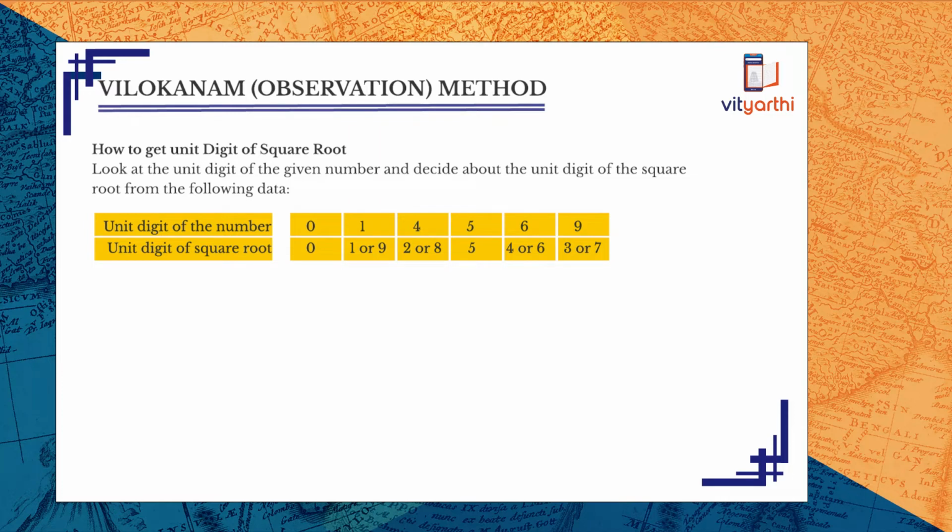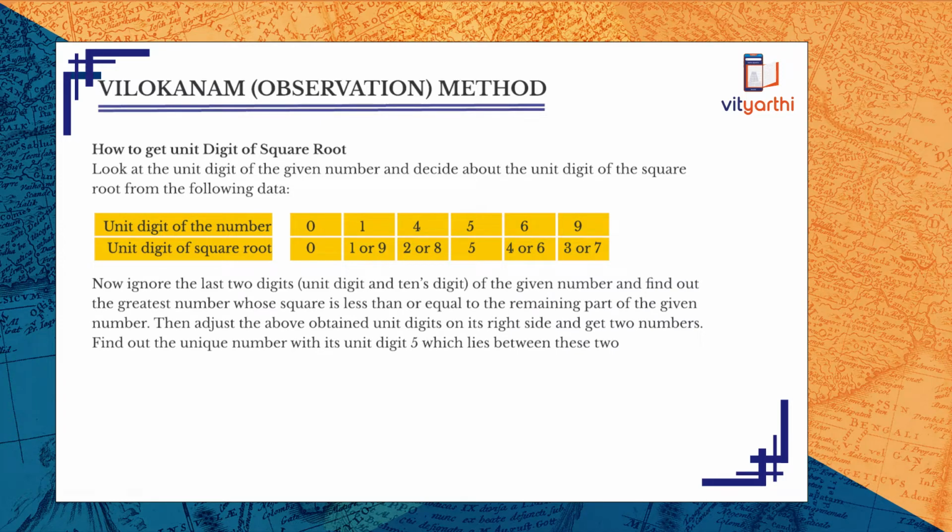As we know, the square of a power of 10 will contain 0 in the unit place. 9 square and 1 square will contain 1 in the unit place. 2 square and 8 square will contain 4 in the unit place. 5 square will contain 5 in the unit place. 6 square and 4 square will contain 6 in the unit place. 3 square and 7 square will contain 9 in the unit place.